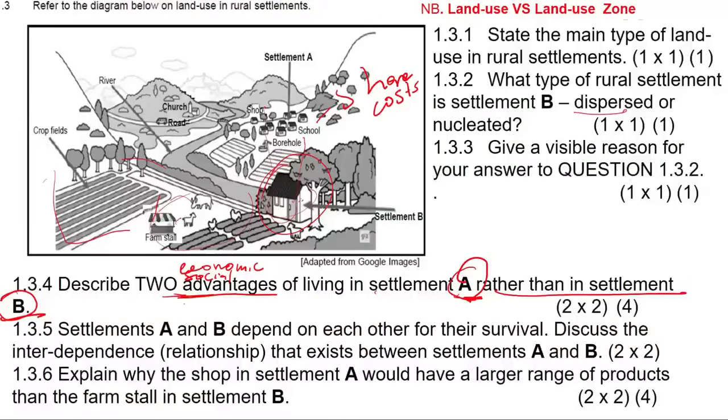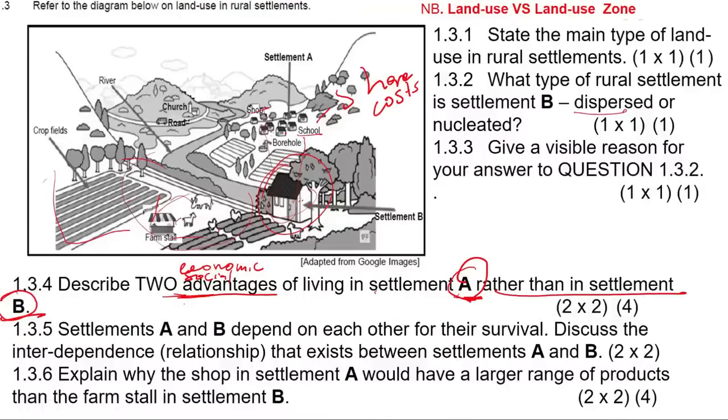So this farmer will also take all these resources to settlement A. So the people in settlement A are going to get their food products from settlement B. So these ones are going to get the resources for schools and the resources for shops from A, but these ones at A are going to get farm products from B. So that is the interdependence.